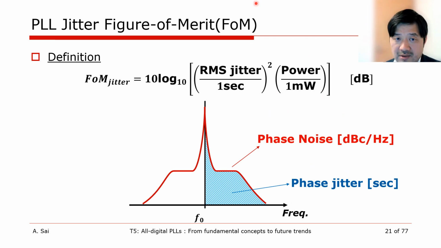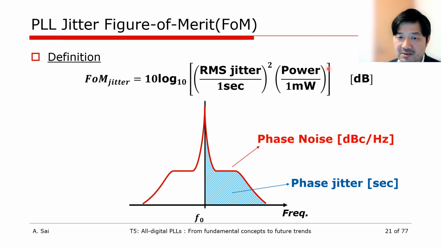I would like to explain the PLL performance metrics here, mainly used in these tutorials. Earlier, I explained the relationship between the phase jitter and the phase noise. Here is a jitter FOM.